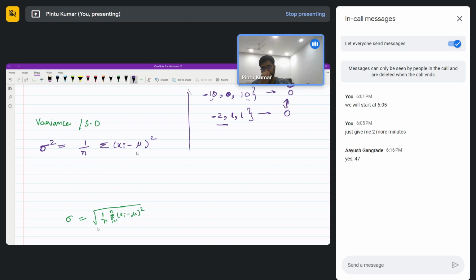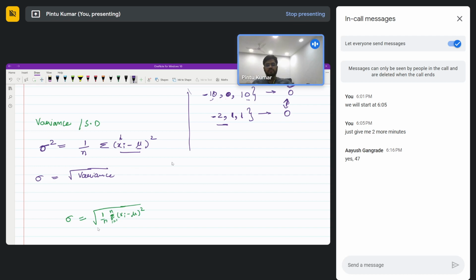And what is standard deviation? Standard deviation is nothing but the square root of variance. These are just very related terms. If you calculate one, you know the other. What this term is capturing is how far every point is from the mean, and then you are taking the average of that.